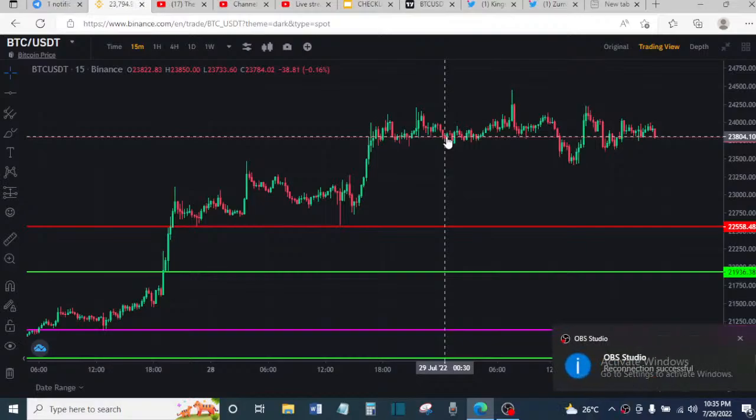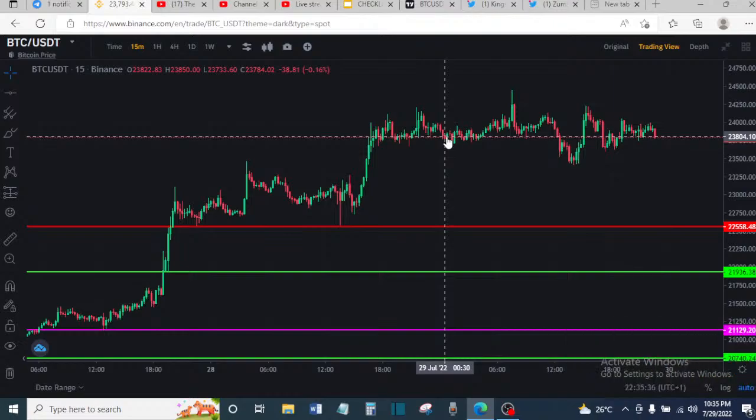It works for all time frames. The strategy works for all time frames.